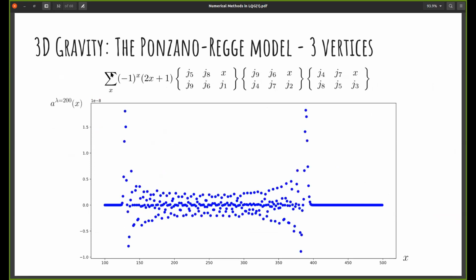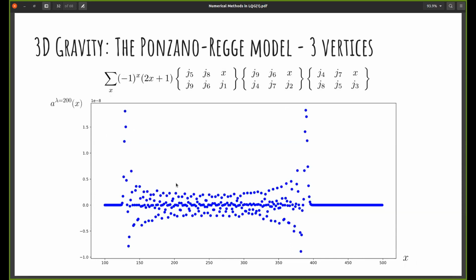And the answer is, let's look at the plot of the summand of the amplitude. So here you have the value of this function, minus 1 to the power x, 2x plus 1, and the 3 vertex amplitudes as a function of x, the internal spin, the bulk spin. This plot was done for scale 200, if you're interested.